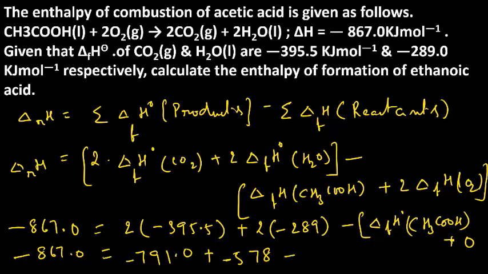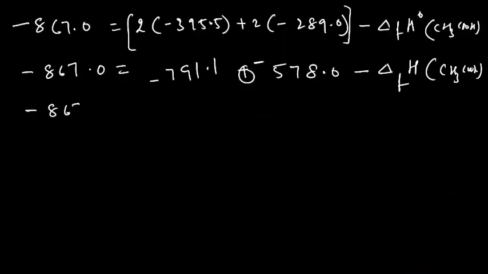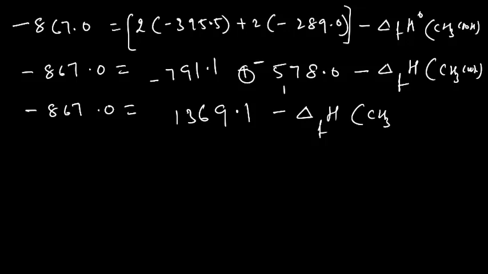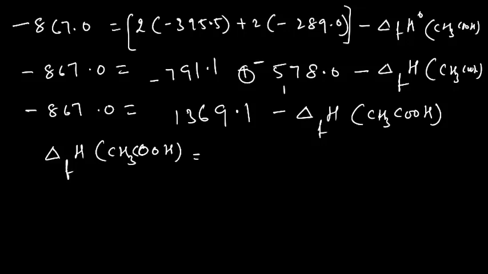Minus 578 minus ΔfH° of CH3COOH. Minus 867.0 is equal to 9, 9 plus 9, this is 7, 7 plus 9, 16, this is 13, minus ΔHf CH3COOH. So bring this to this side: the standard enthalpy of formation of acetic acid is equal to total minus 1369.1.